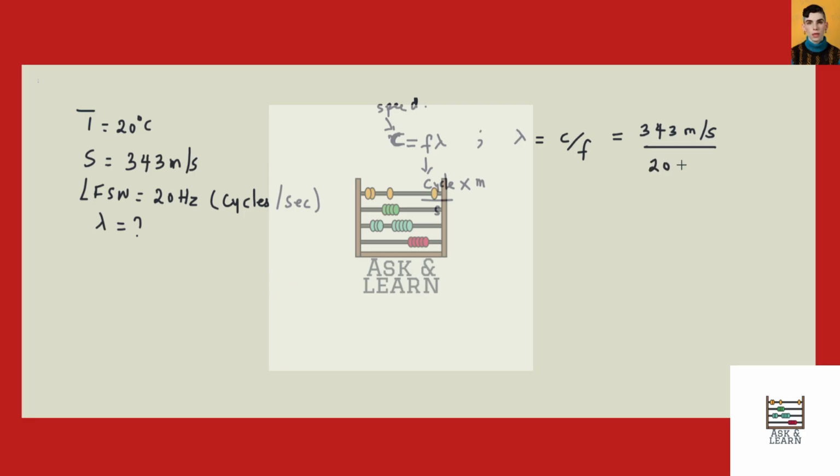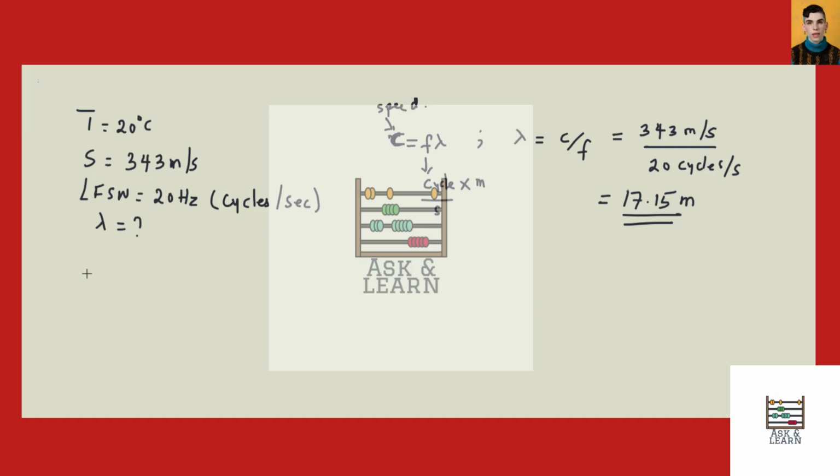So whatever this is will give us the wavelength, and this will be 343 divided by 20. So this is 17.15 meters, and that's the answer.